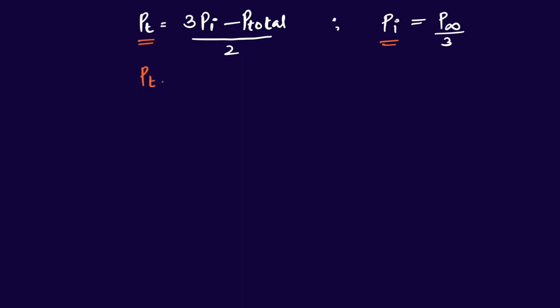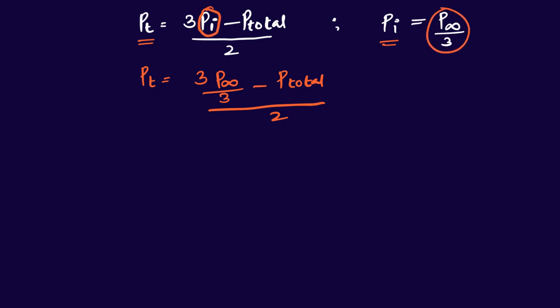Pressure at t time is equal to 3 times P infinite by 3 minus P total, divided by 2. Now in place of Pi, I place P infinite by 3. Then this is cancelled. Then we can write P at t time is equal to P infinite minus P total divided by 2.